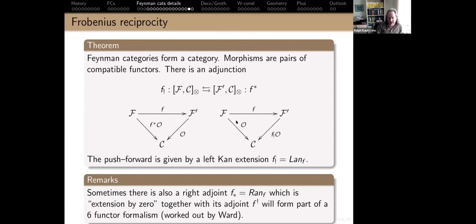And then what I can do is I can push forward doing a Kan extension. And then the theorem says that this Kan extension will exist if the category is co-complete. And that's why I also have my slice condition. But the point is you have to prove that that thing is still monoidal, and you can prove it using the hereditary condition. And sometimes there's also a right adjoint functor, and that's part of a six-functor formalism.